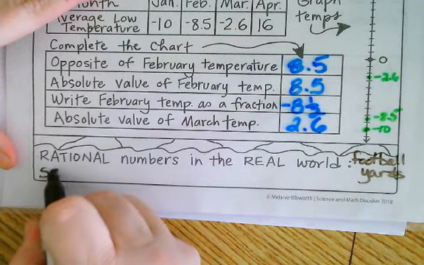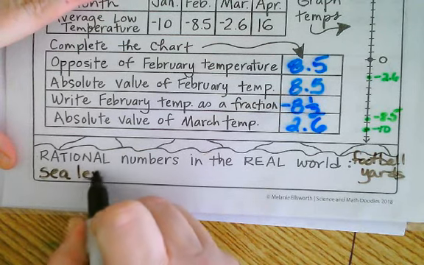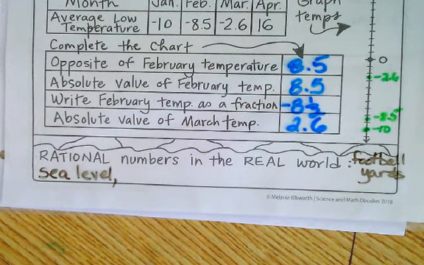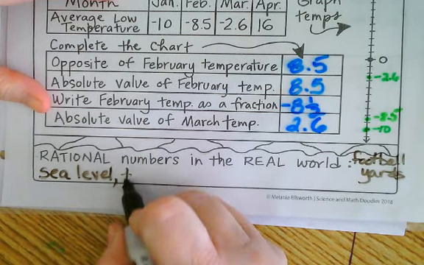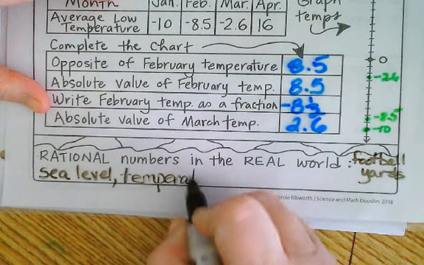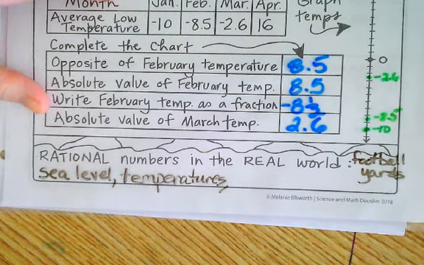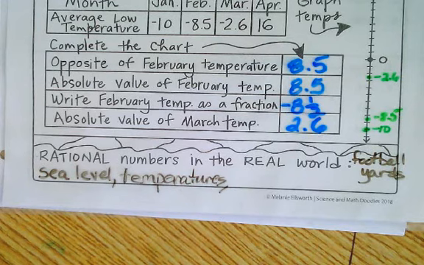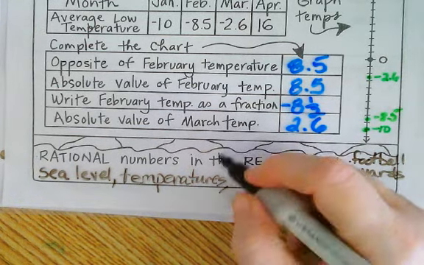We also look at sea level. If something's above or below sea level, we've got positive and negative. We already looked at this, but we'll put it on here. Temperatures. Those, positive, negative. Right? Something that shouldn't be negative, but hey, it happens.